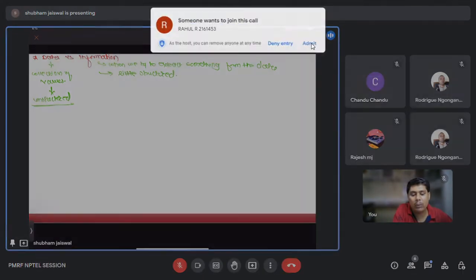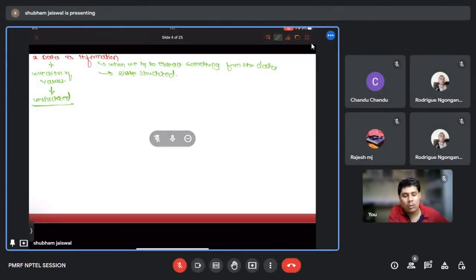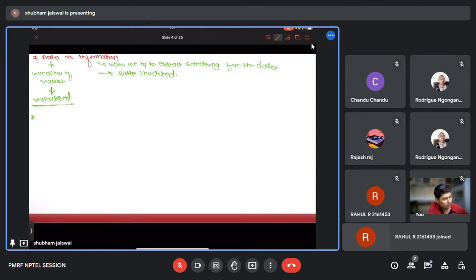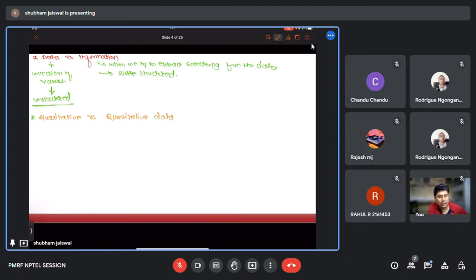Then we have seen what is meant by qualitative versus quantitative data. So the qualitative data generally considers attributes.